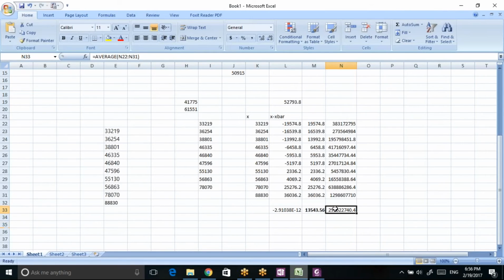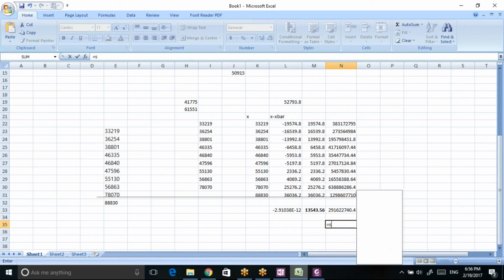Great. So now quickly find out the value of sigma from your data. This is the variance, right? I want the standard deviation, so just take the square root of it. For square root there is a function called sqrt, and then just select the value and press enter.